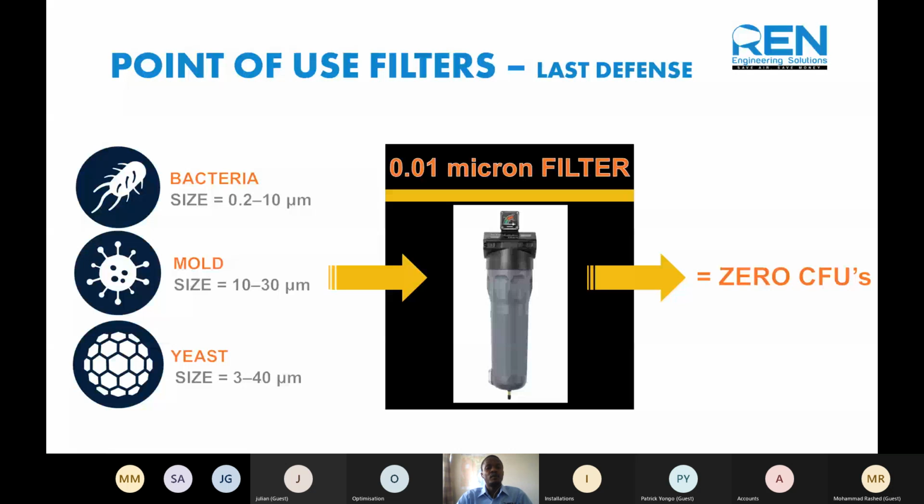So your 0.01 micron filter will ensure that not only does it eliminate large particles, but also any colony forming units or CFUs from getting into contact with your product. It's important that you get a filter that has a high efficiency such as 99.999% at the point of use.